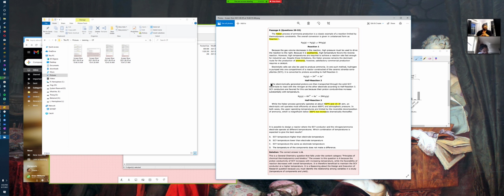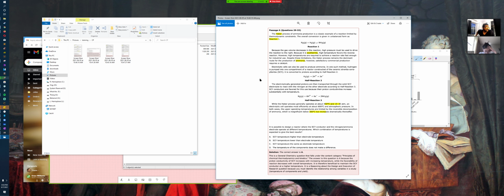So electrolytic cells can be used to produce ammonia. In one such method, hydrogen is pumped into one compartment of a reactor constructed of SCY. So that involves hydrogen turning into protons. The protons are transported through the solid SCY electrolyte.